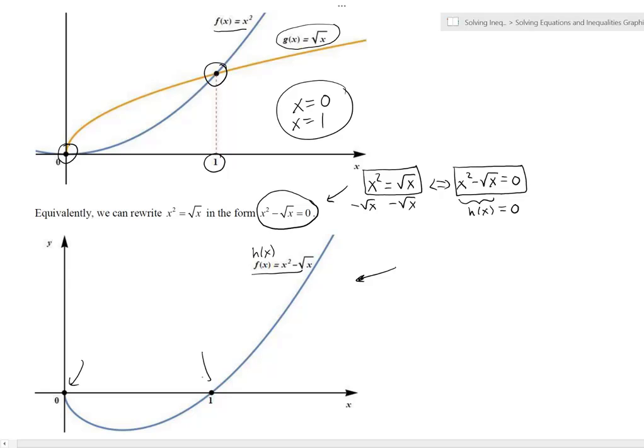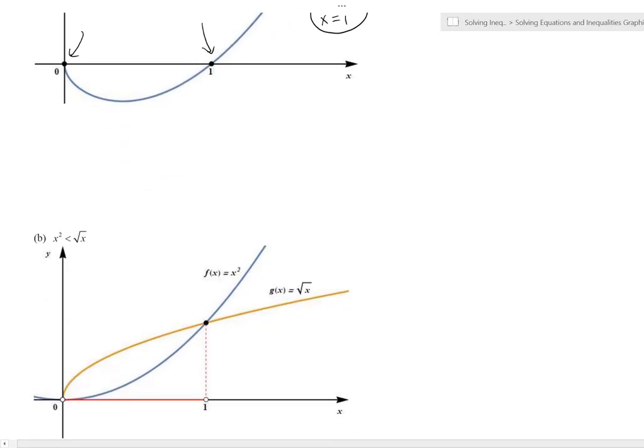It intersects the x-axis, hence when the function equals 0, at the exact same x values as above. x is 0 and x is 1. Those are our solutions. And in any given situation, when we're trying to solve an equation or inequality graphically, we can always choose to move all the terms to one side and see where it equals 0 or above or below the x-axis, depending on what we're asked.